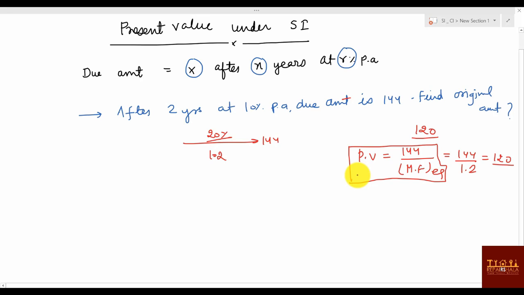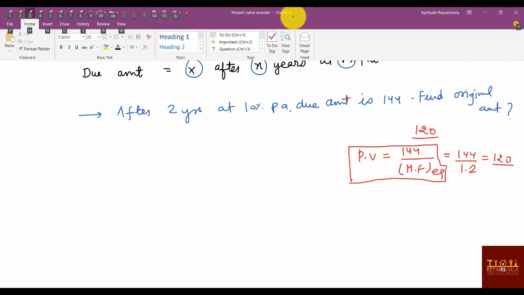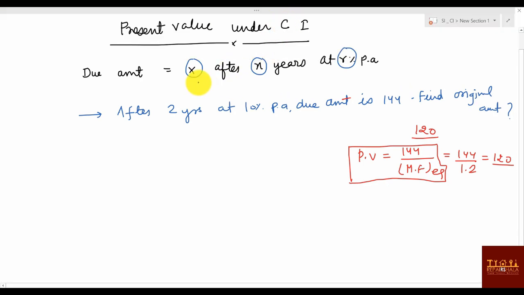Okay. Now the same question, I am erasing this part, and instead of SI, we will do it in CI. Same thing, due amount will be X after n years at R% rate of interest. So 2 years means 10% and 10%, and then only you will get 144.